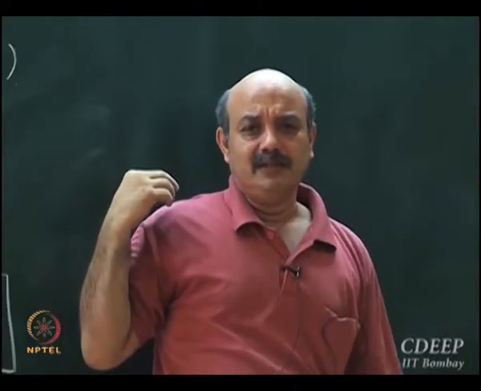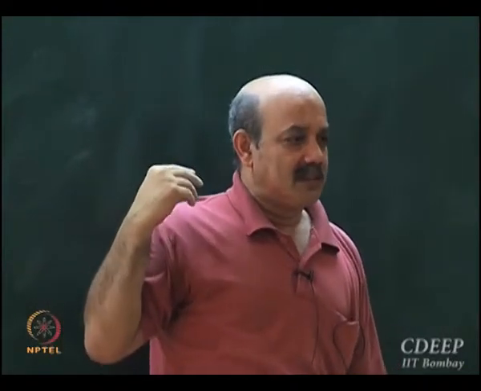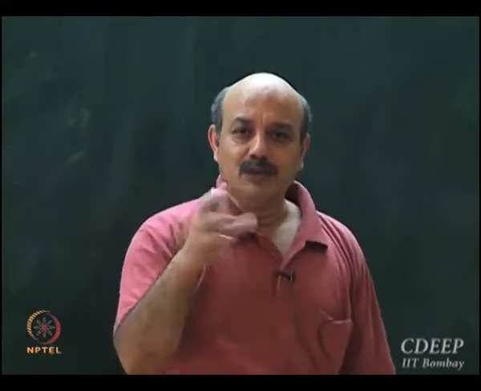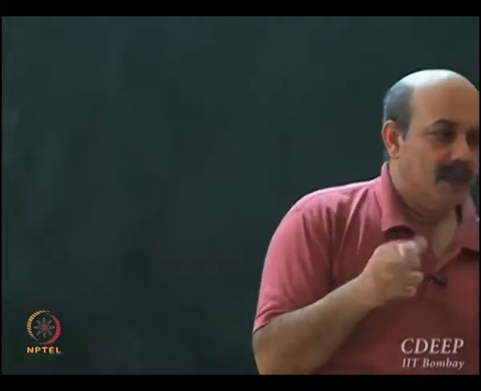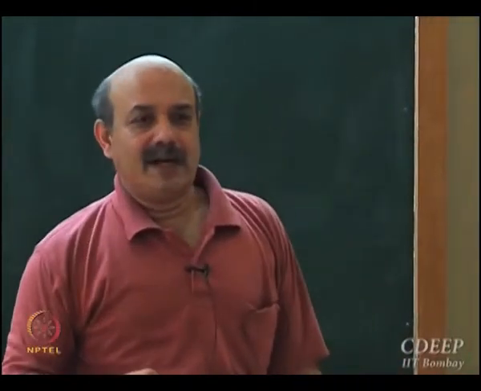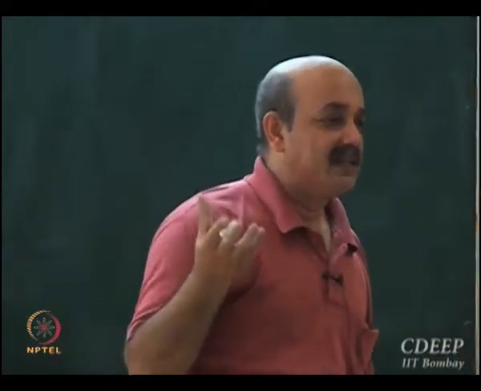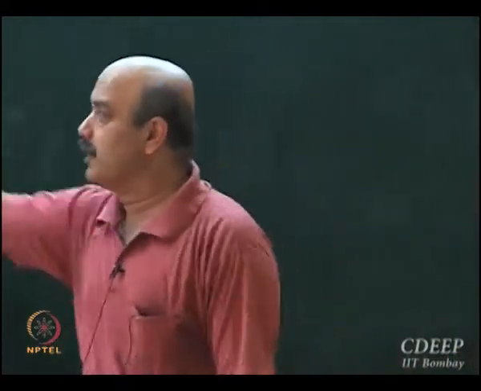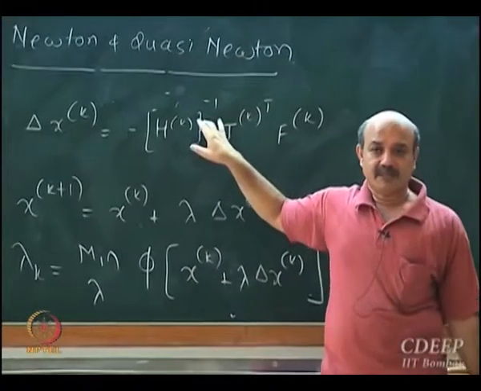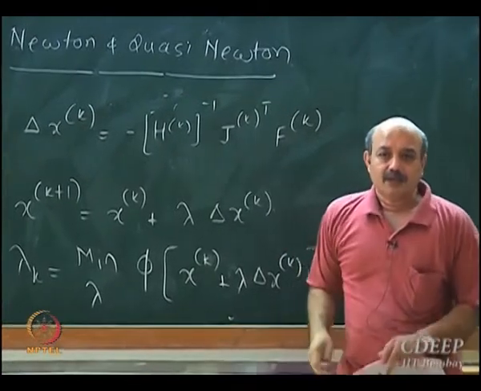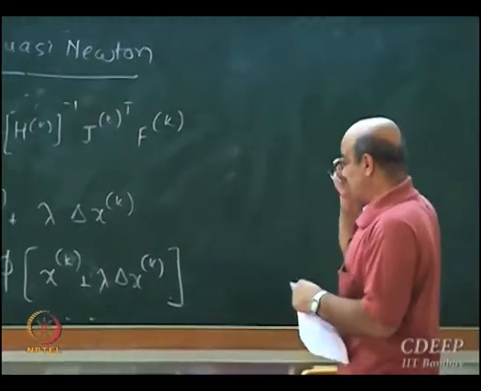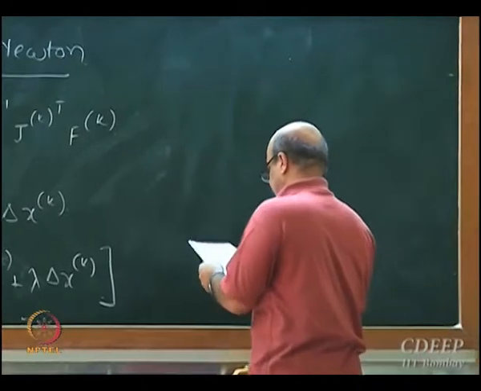The same thing is done here. The quasi-Newton methods actually use a rank 1 update of the Hessian inverse. What you need to compute here is the inverse of the Hessian matrix.